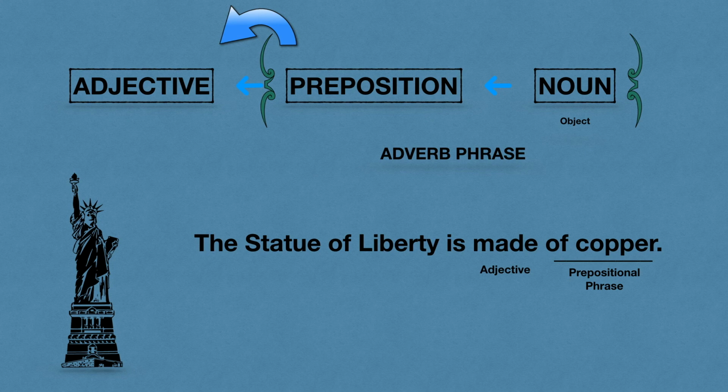But although "made" is originally a verb, in this sentence, it behaves as an adjective. To be precise, a past participle, which is an adjective derived from a verb. "Made" tells us the state of the Statue of Liberty, not its action. And "of copper" describes "made." So "of copper" behaves as an adverbial phrase.